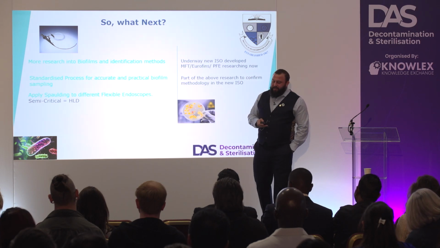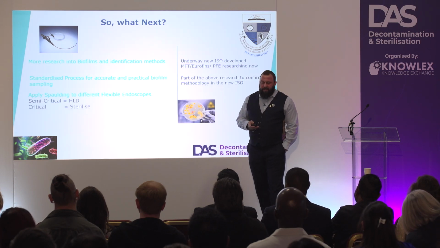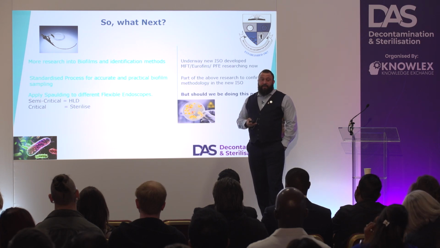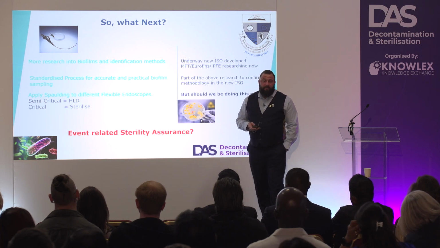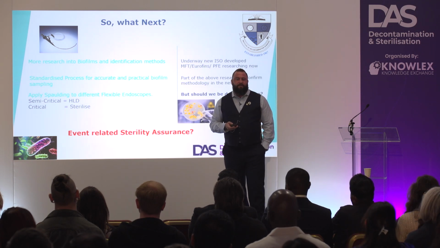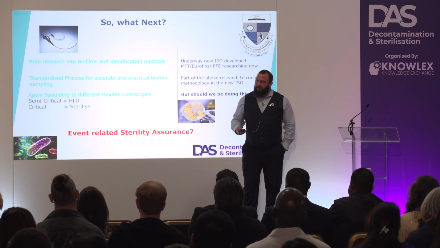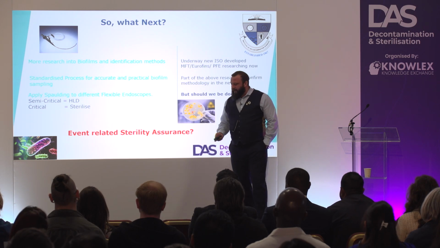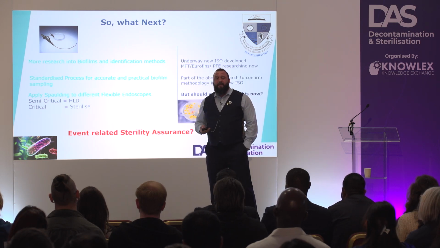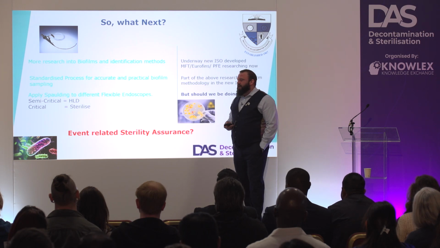So if it's semi-critical, should we be high-level disinfecting? And if it's critical, should we sterilise? Or should we be doing this for all of them? For a long time, it's been event-related sterility assurance because we don't know if it's sterile, so we have to assume that all the processes and parameters, once performed in the sequence, would render the device sterile.